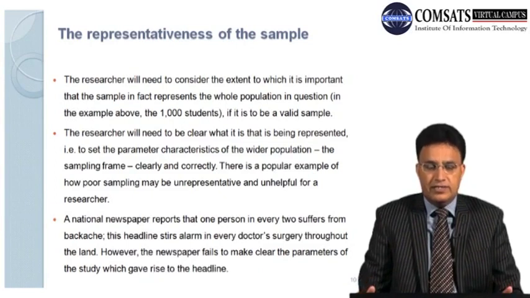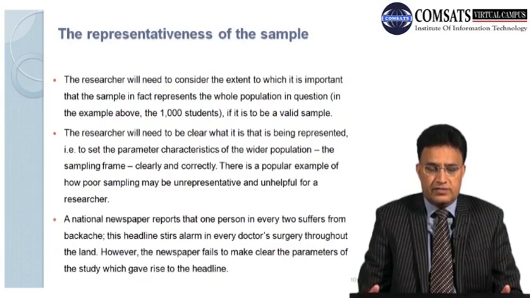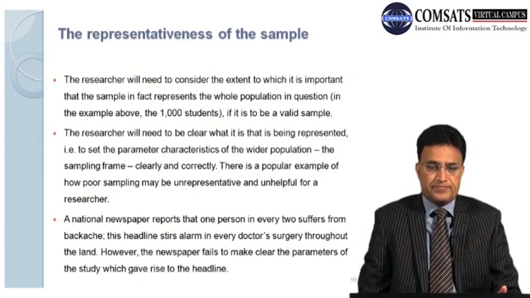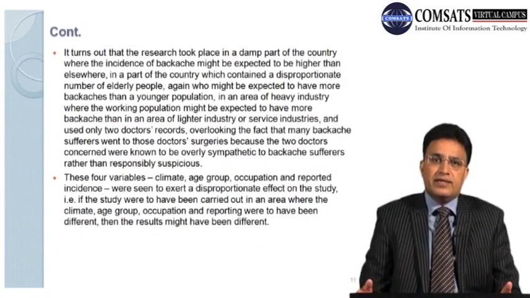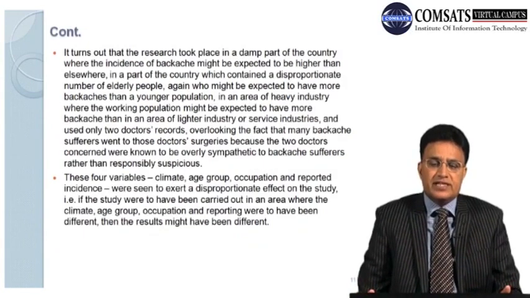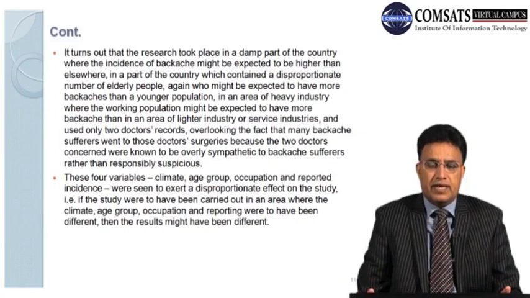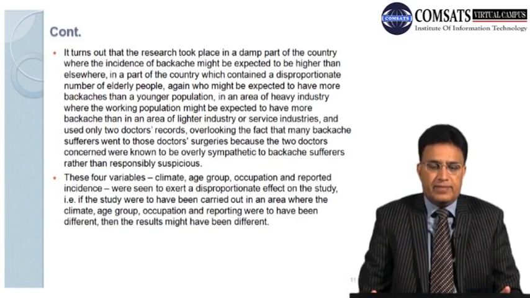However, the newspaper fails to make clear the parameters of the study which gave rise to the headline. It turns out that the research took place in a damp part of the country where the incidence of bad backache might be expected to be higher than elsewhere.